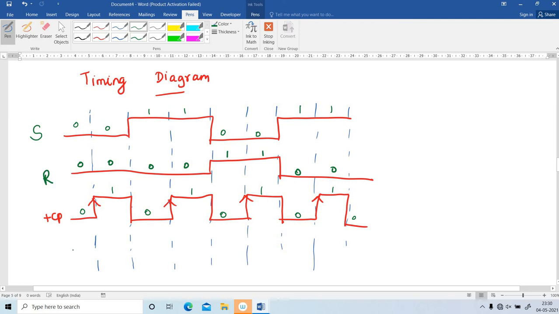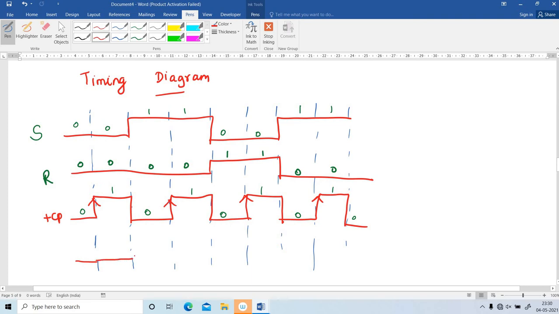And afterwards, how to draw Qn plus 1, that is the next state. See here, first S is equal to 0, R is equal to 0, clock pulse equal to 0. What about the output? Output equal to same, that is the present state.